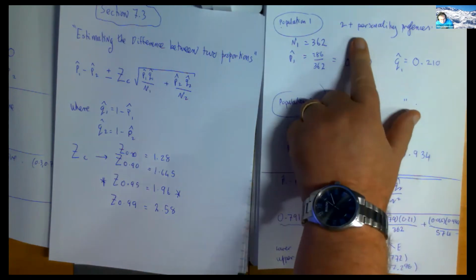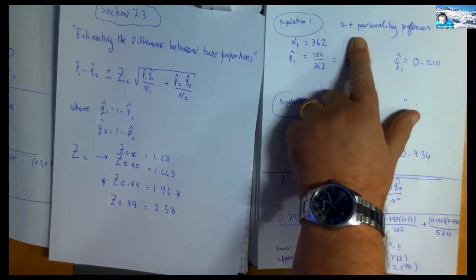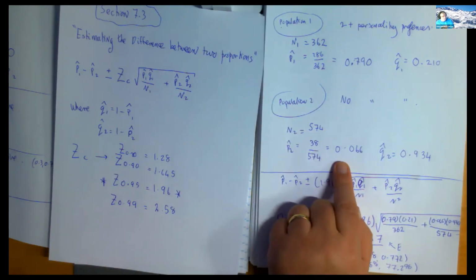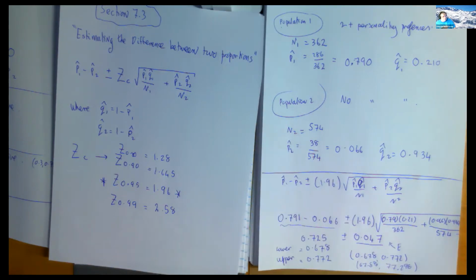Which means the number of people who have 2 or more personality preferences and are married is much bigger than the percentage of people who have no personality preferences in common. So I guess that's saying if you marry someone, you're probably going to at least share some personality traits. Maybe you both have a sense of humor or something, right? For instance.